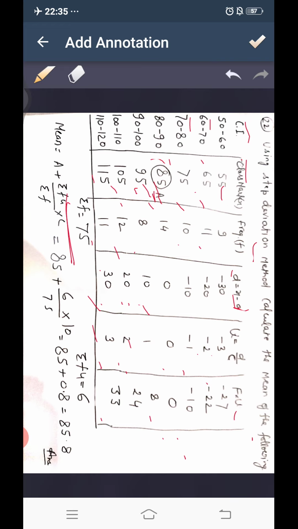Then we add all fu. This column will be added. So we can see minus 27 minus 22, how much is it? Minus 49, and minus 10, minus 59.